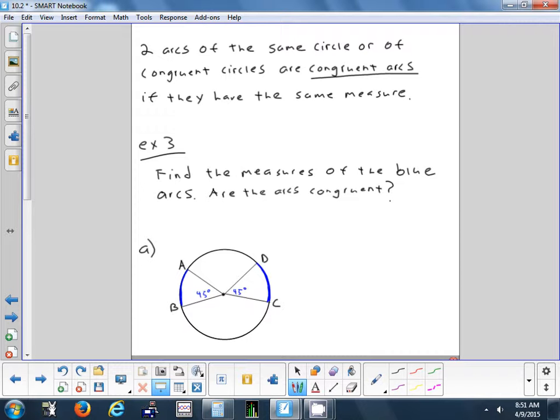Are we dealing with arcs in the same circle in this case? Yep, there's only one circle in that picture. So do each of those arcs have the same measure? Yes. Then yes. Arcs in the same circle, arcs with the same measure, yes. Those arcs are congruent.